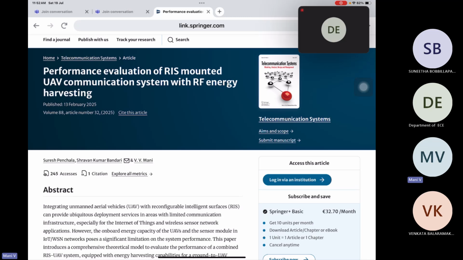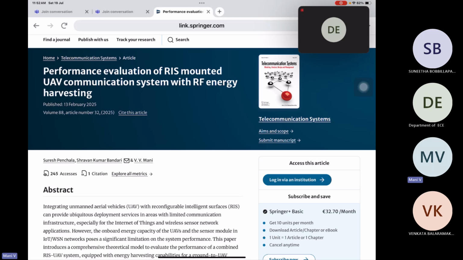We can keep a relay system over there, but maintenance of a relay system takes a lot of investment. Instead of that, we can attach a simple patch-antenna type of reflecting surface like this, and place it on top of the hill.